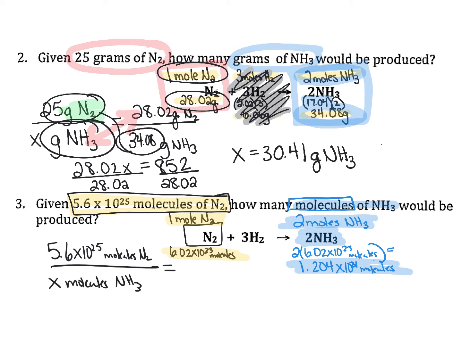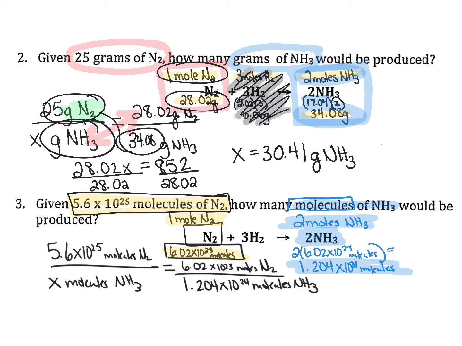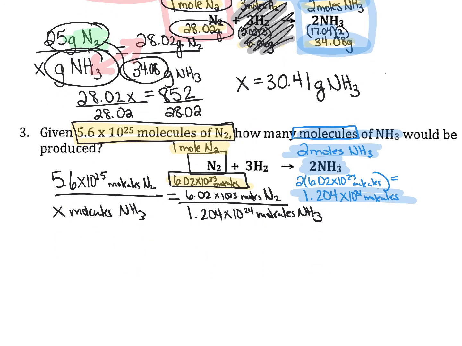Well, according to my equation, I need 6.02 times 10 to the 23rd molecules of N2, and I need 1.204 times 10 to the 24th molecules of NH3. Now, all I need to do is cross multiply and solve.